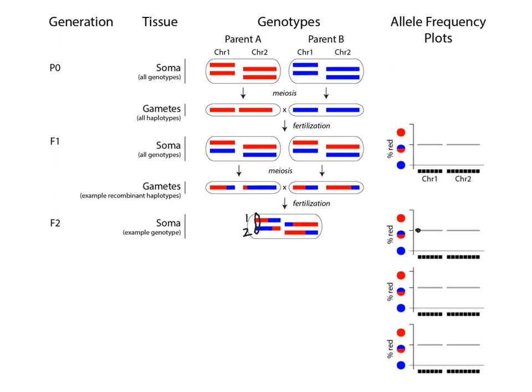That's 50% red. So that matches our expectation. So that doesn't make it look yet, although this is just one individual, doesn't make it look yet like there's any transmission ratio frequency distortion or segregation distortion. If we look at the right side of that chromosome, 1 red and 1 blue, that's 50% red. And then we could plot everything in between those two.